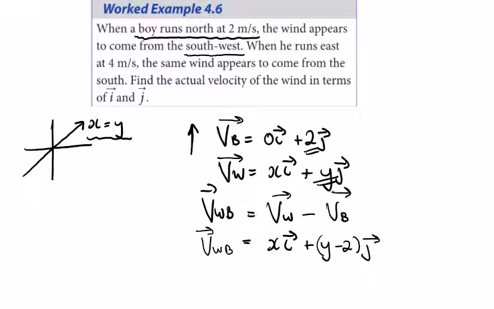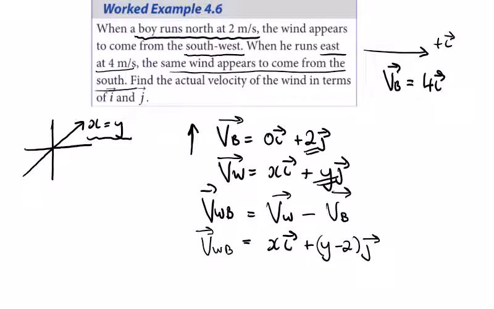So when he runs east, so he's going in this direction, positive i, and it's 4 meters per second, so the velocity of the boy in this case is just going to be 4 in the i direction. The same wind appears to come from the south, so the wind is now coming from this direction. So coming from the south, there's 0 in the i direction.